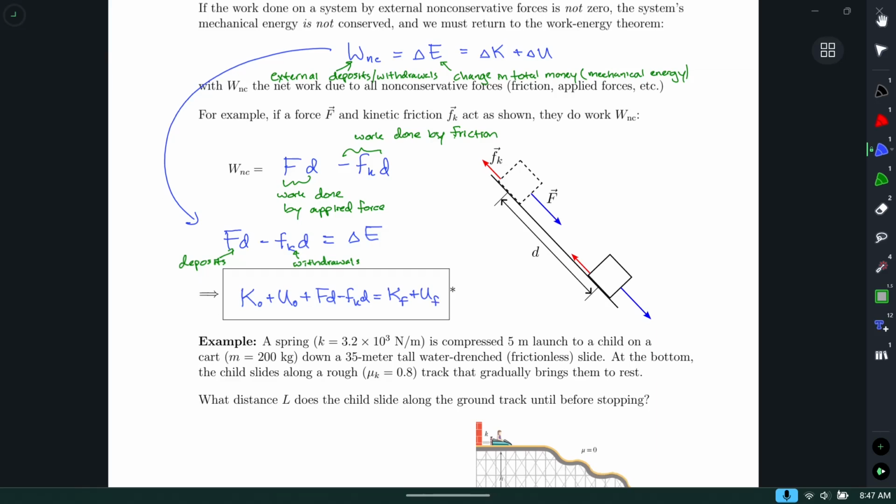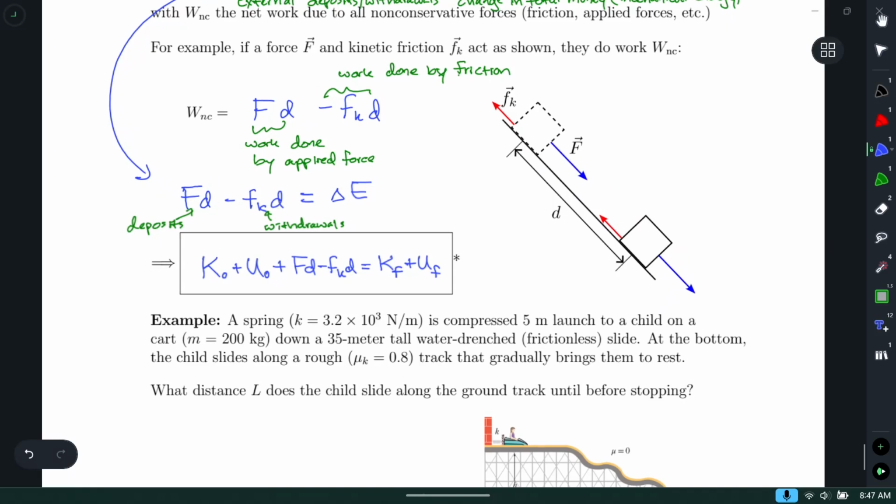All right, so help me interpret this in terms of that money analogy. What is this saying? All right, well, we'll start from the very left. So that's your initial kinetic energy. In terms of the money idea, what is that? What you start off with? Yeah, the initial balance of your, let's say, checking account.